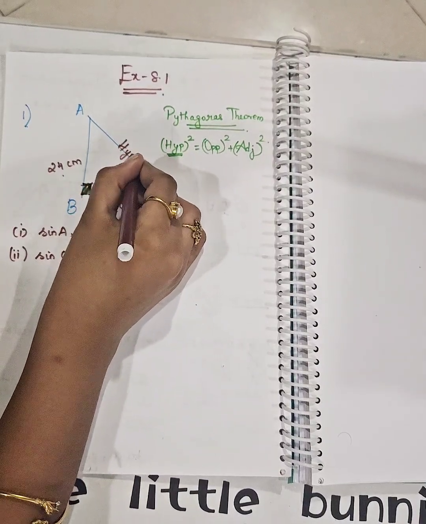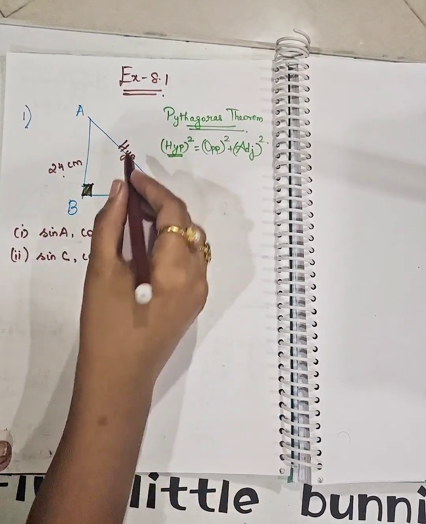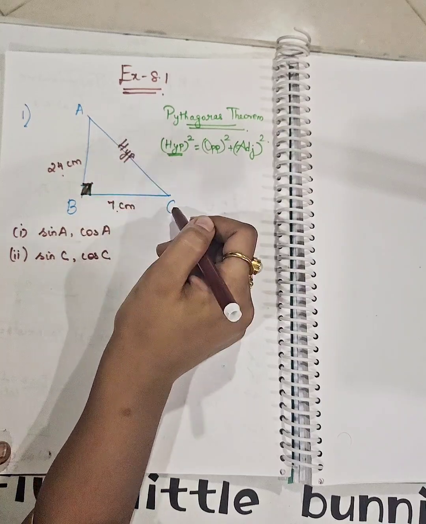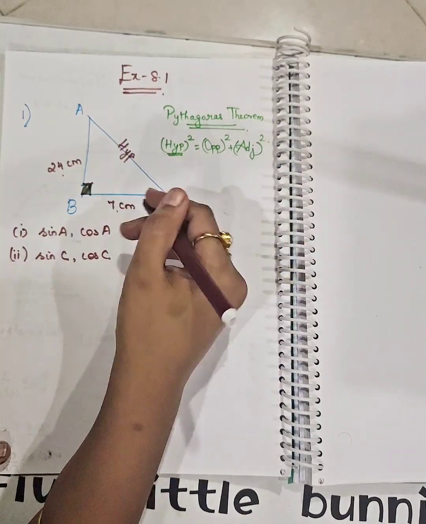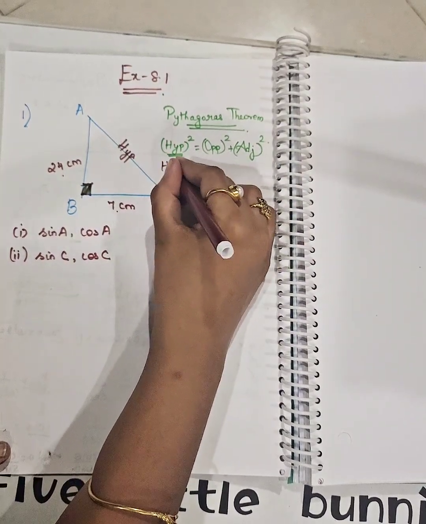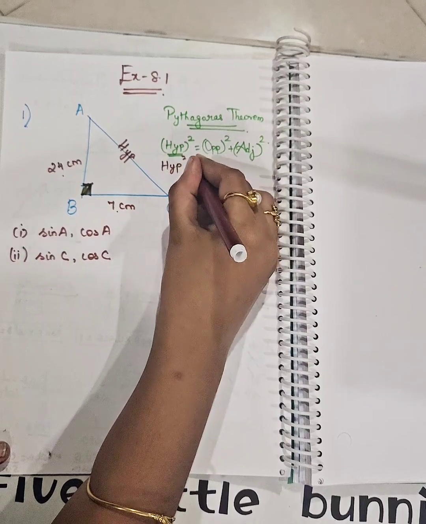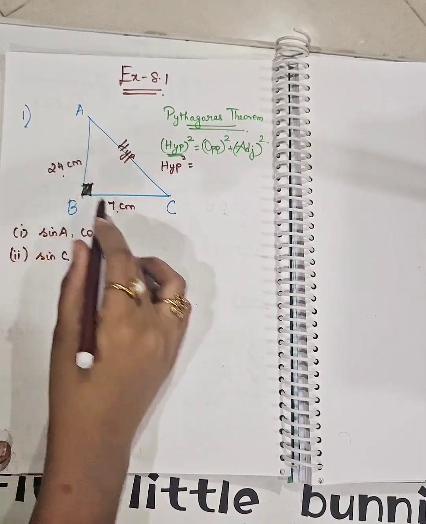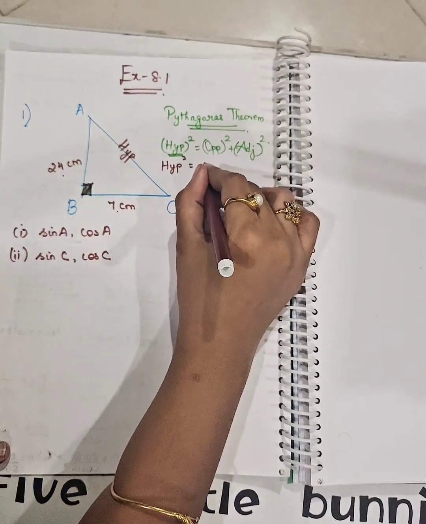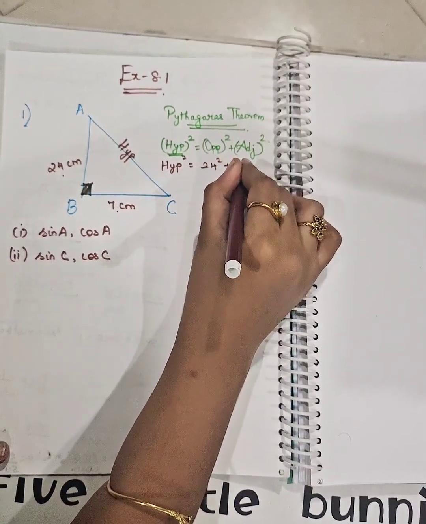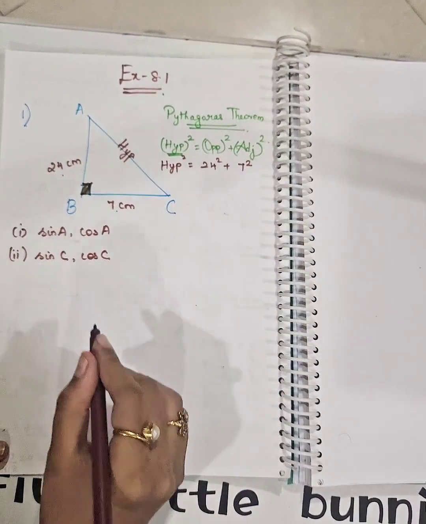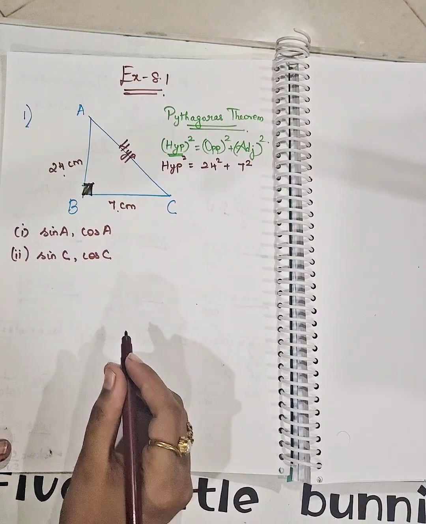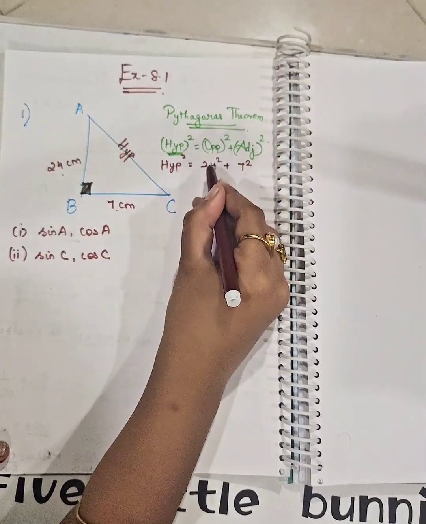So this one is the hypotenuse side. Do we know the value of the hypotenuse side? We don't know, we need to find it. So hypotenuse square is equal to opposite square plus adjacent square, and we already know those from the question. Hope you can understand, students. Very simple. What is the meaning of square?